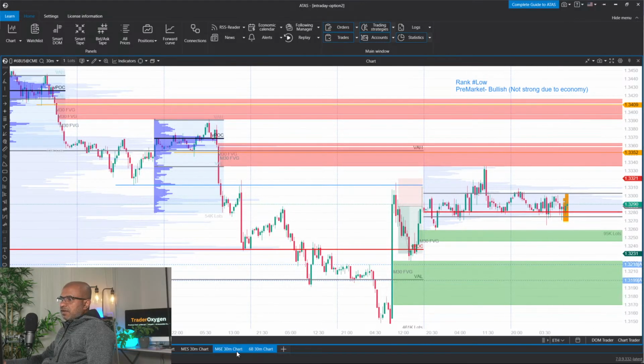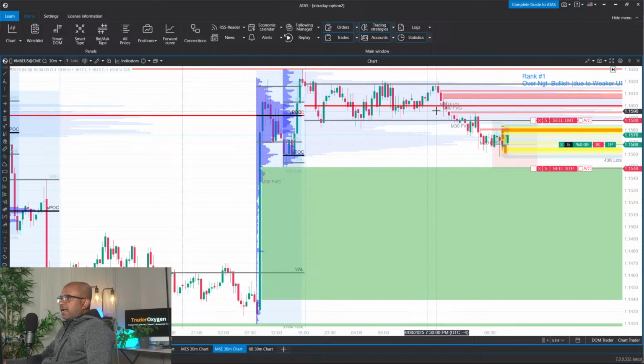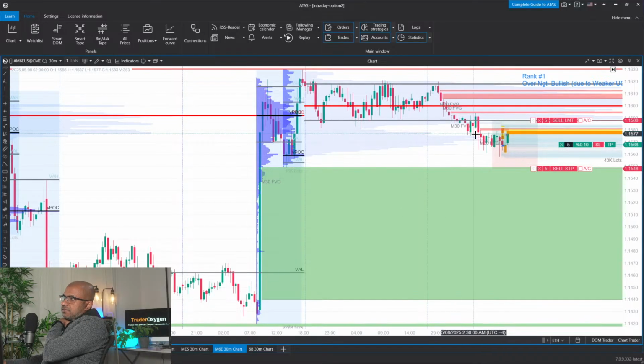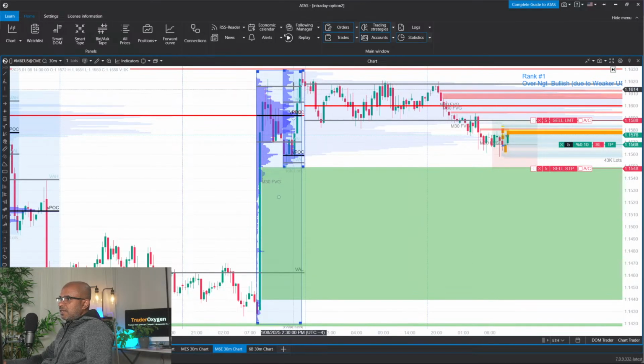But if you compare Euro FX futures, you can see the price pushed up, retraced, pushed up, and even though the range is there, and the price came down and ranged, you can see it's a retracement for this price leg.